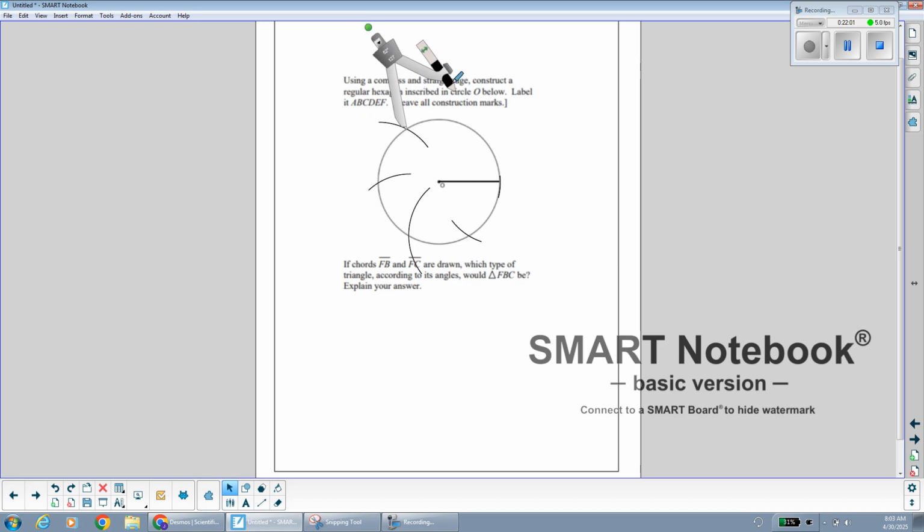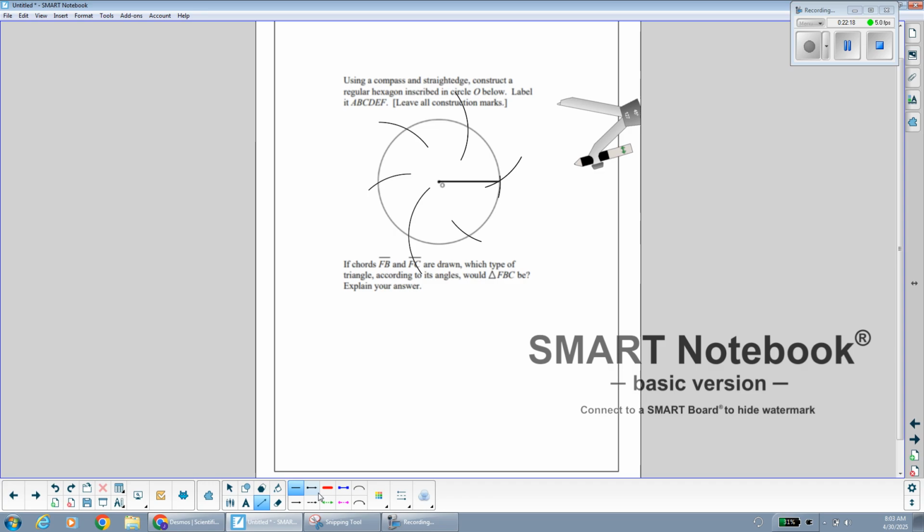And then that point, same thing. And then that point, same thing. And mine actually was really accurate because it should end up going back to the point that you started at. We have 6 of them.